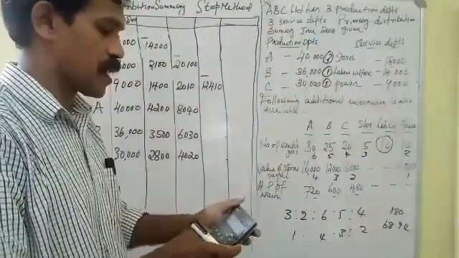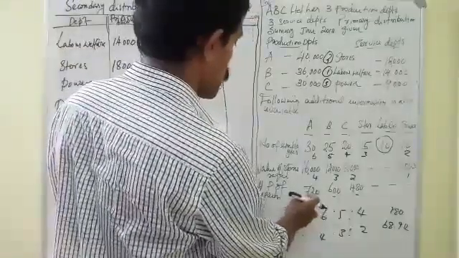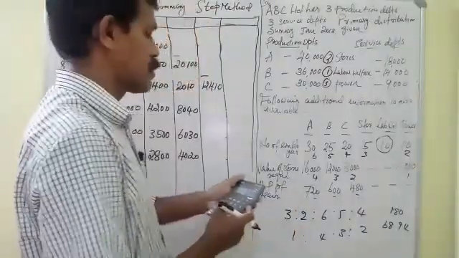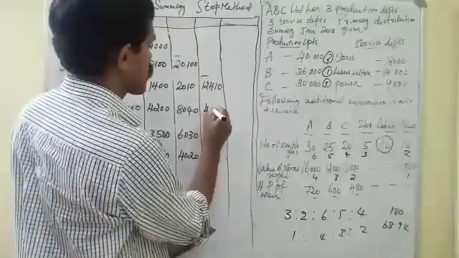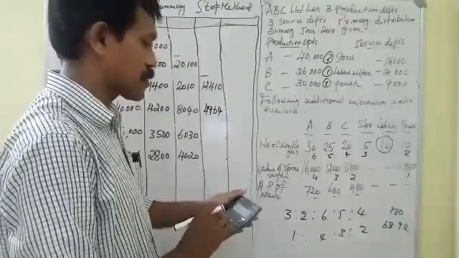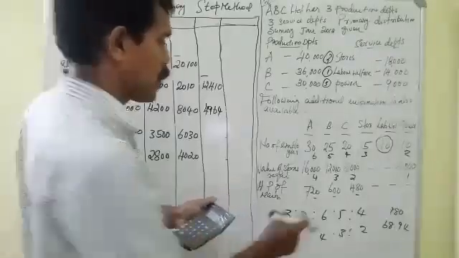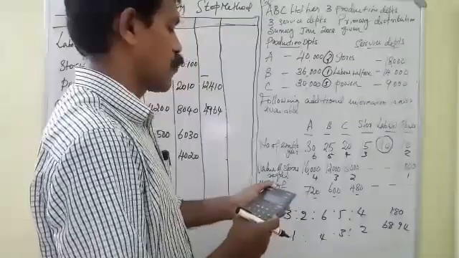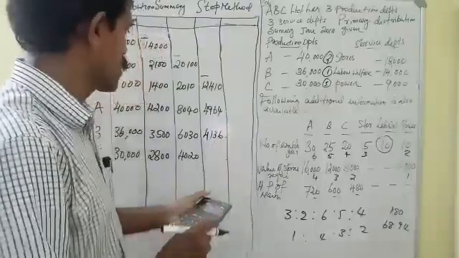68.94 into the first department, 72, that is equal to 4,964 for A. Then 68.94 into 60, we get 4,136.